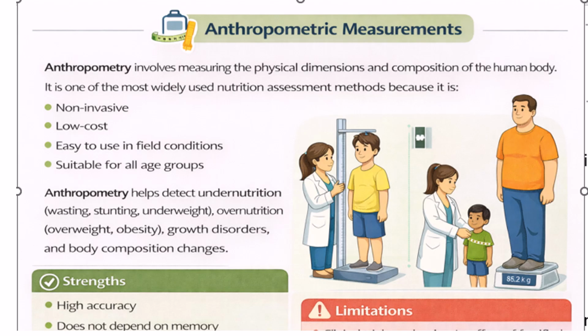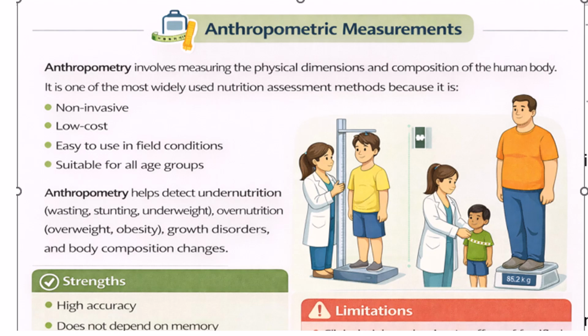Another investigation method in human nutrition is anthropometric measurements. Anthropometry measurement involves measuring the physical dimension and also the composition of the human body. It is actually the most widely used nutrition assessment method, and it is not invasive. It is not expensive.